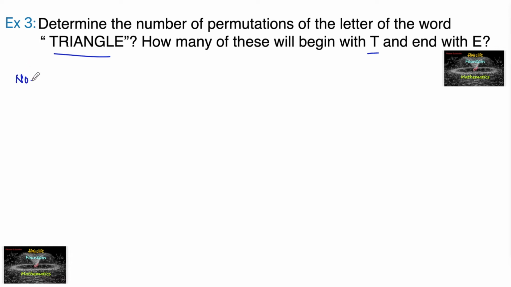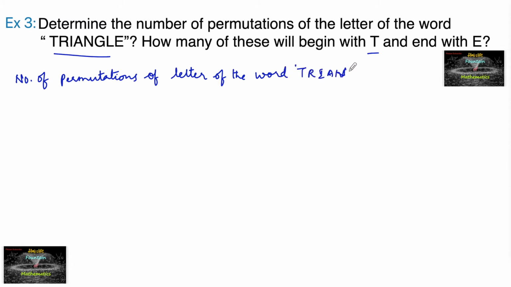So the number of permutations of the letters of the word triangle is equal to, so here we can observe that there are 1, 2, 3, 4, 5, 6, 7, 8 different letters.